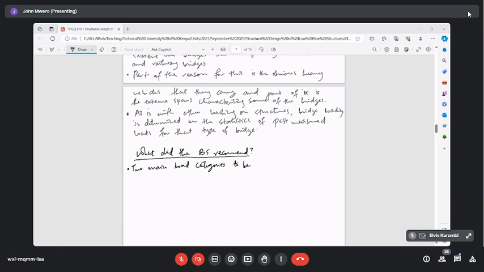And I will add here, and by extension, the Eurocode now.